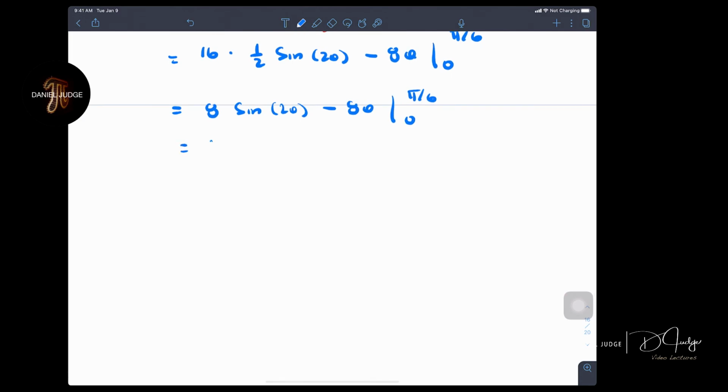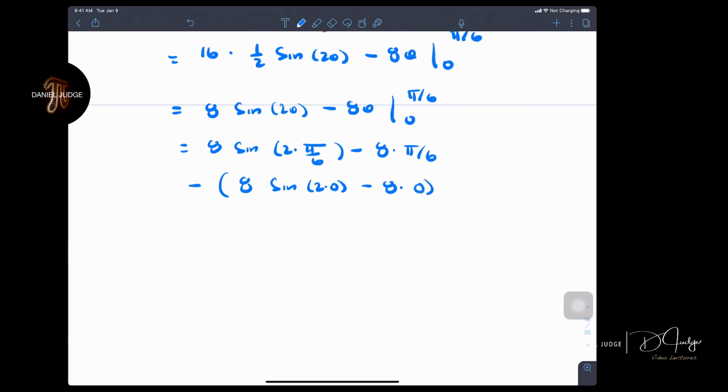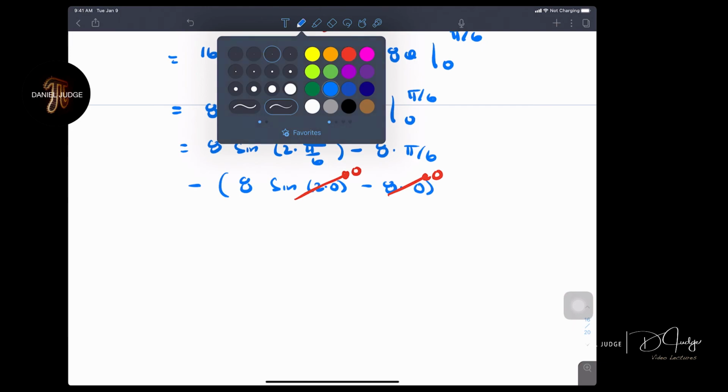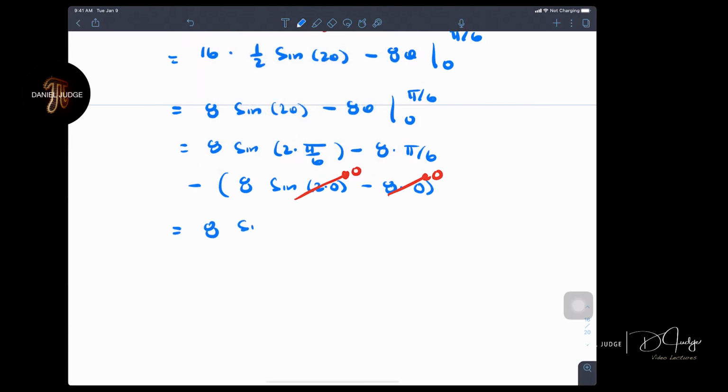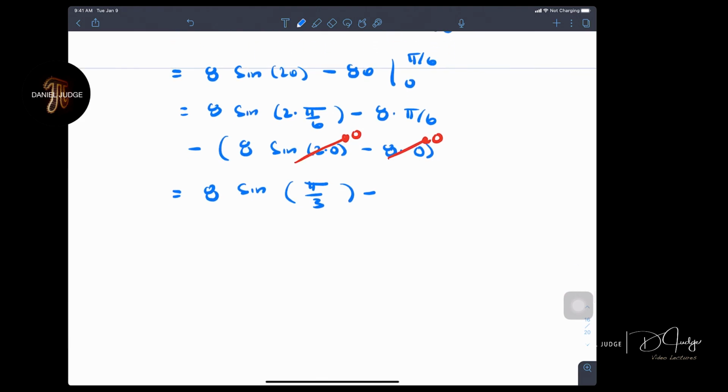So 8 sine 2 times pi over 6, minus 8 times pi over 6, minus 8 sine 2 times 0 minus 8 times 0. The sine of 0 and 0 portion is gone. So I get 8 sine, and it looks like pi over 3, minus 8 pi over 6.